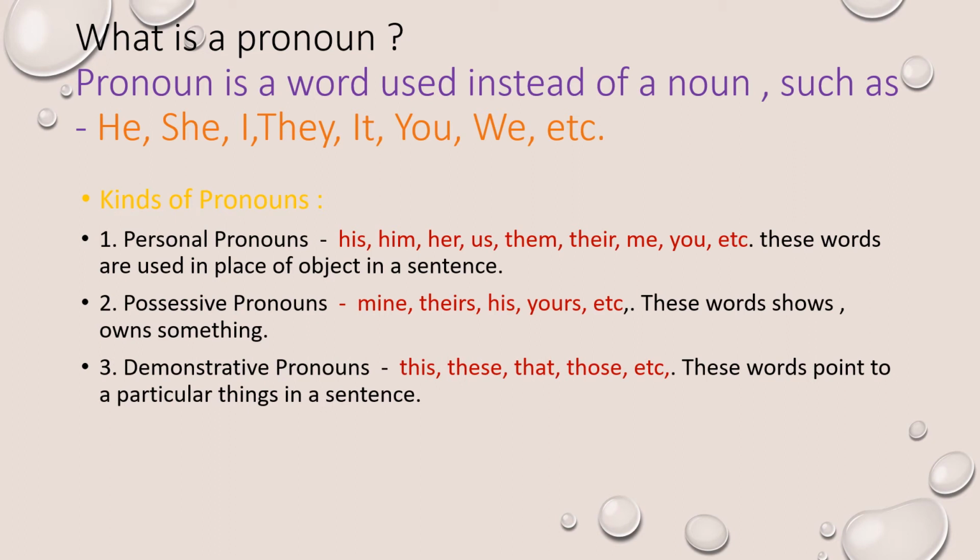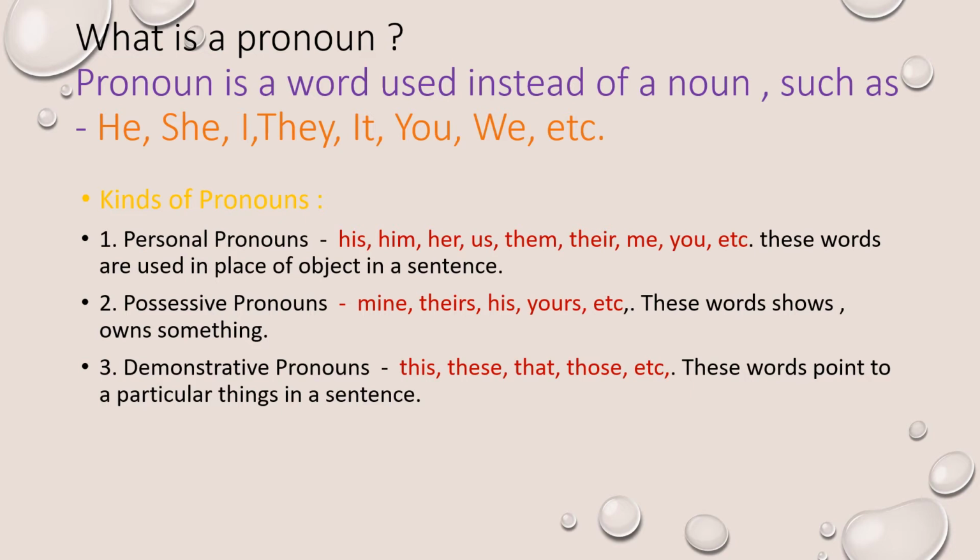Next, demonstrative pronouns. Demonstrative pronouns: this, these, that, those, etc. These words given in red color. So these words show a particular thing in a sentence. Means a sentence begins with this, these, that, those.